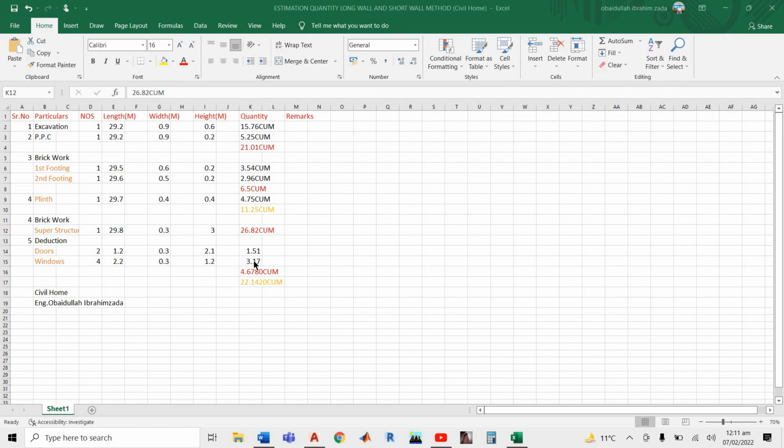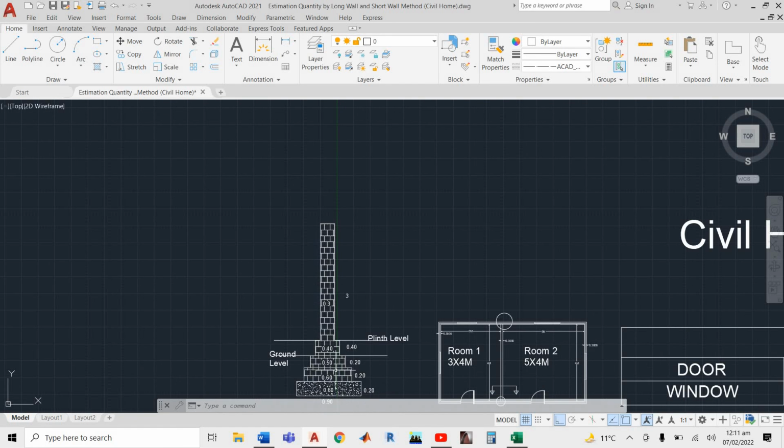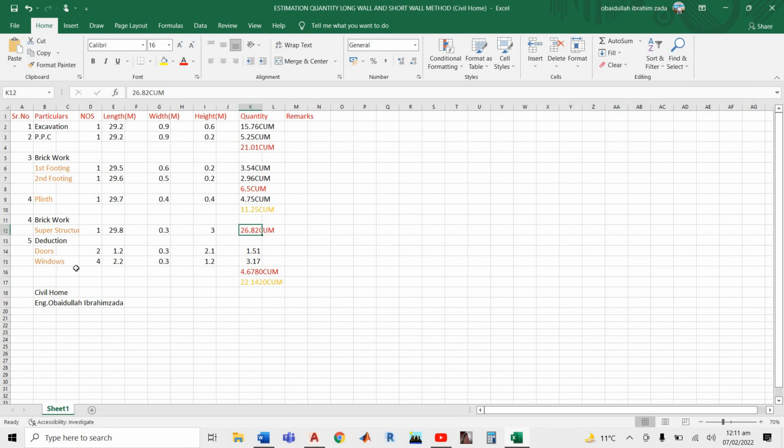And you have to sum the quantity of door and window, you get 4.67, and you have to minus, because of deduction, your total quantity of doors and windows from the superstructure, because you have the windows in the superstructure, not in the ground or plinth level. Your quantity of superstructure is 26.82 and door and window 4.67. And if you minus, you get 22.142 cubic meters.